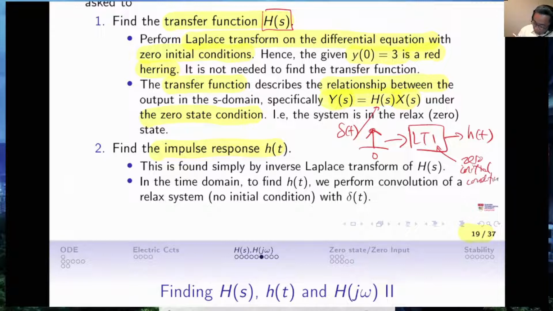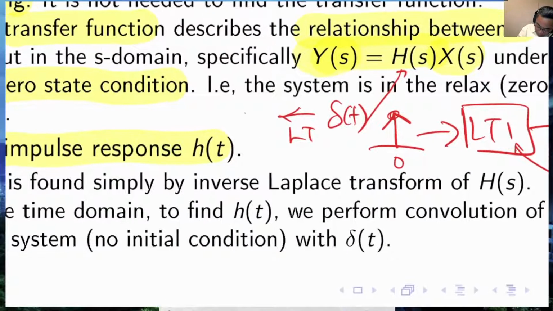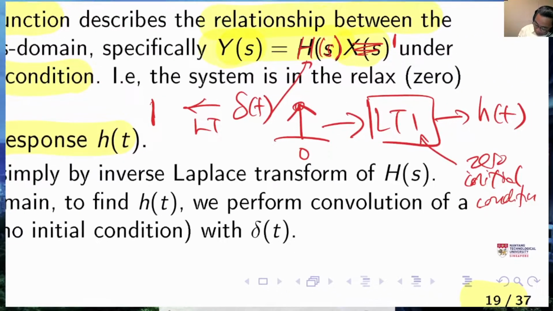Now, if delta of t is fired into an LTI system and you get h of t, then let us perform the Laplace transform of delta of t. What is the Laplace transform? It is 1. So when X(s), the input, equals the delta, X(s) equals 1, so Y(s) is equal to H(s).